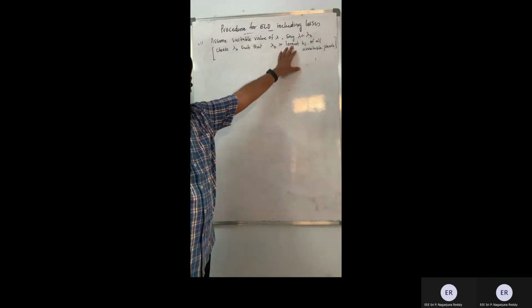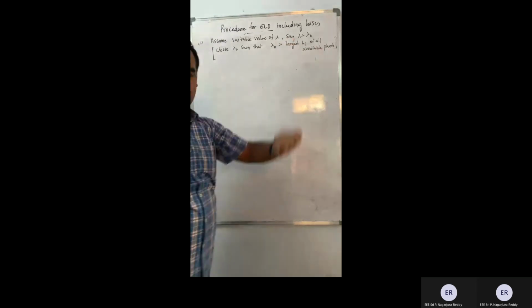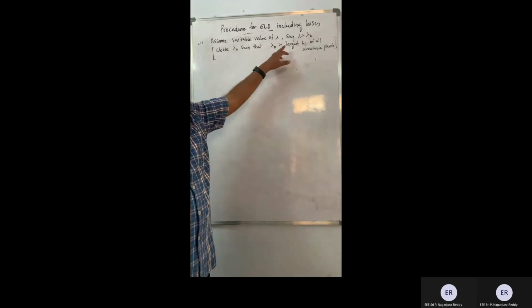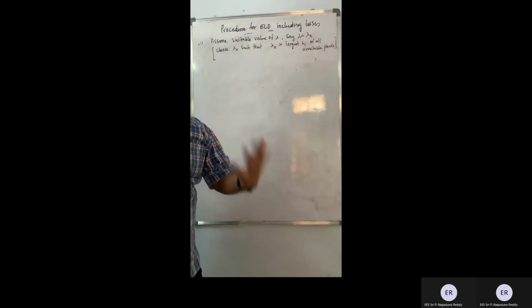So for quick convergence, you better choose lambda naught such that it is greater than the largest Bi which is available for all of your plants. Let us suppose you do have 4 plants and you do have the incremental cost of these 4 plants. You check the Bi and make sure that your initial value of lambda is greater than the largest Bi of all your available plants. So this will give us a quicker convergence.